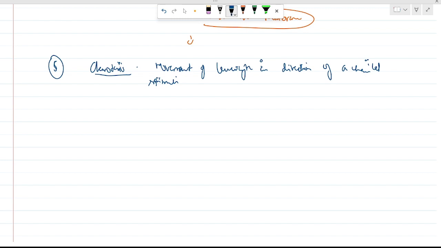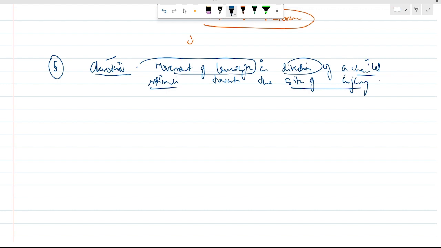There is a chemical stimuli and there is movement of leukocyte in its direction towards our site of injury. The site of injury produces a chemical stimuli in whose direction there is movement of leukocyte.